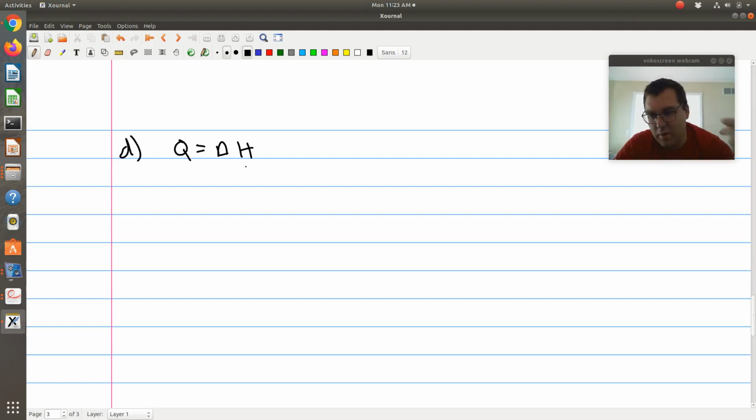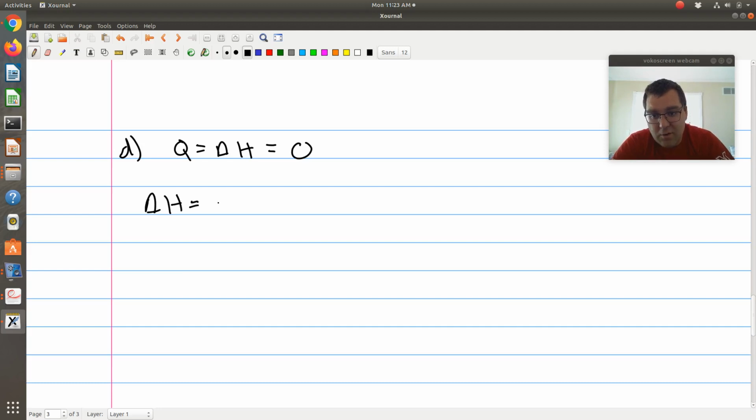As long as there's no work being done on or by my system, my first law balance for this open system is still Q equals ΔH. And since this is adiabatic, Q is 0, so ΔH is going to be 0. Well, what is ΔH?